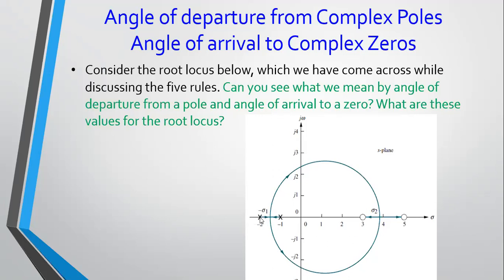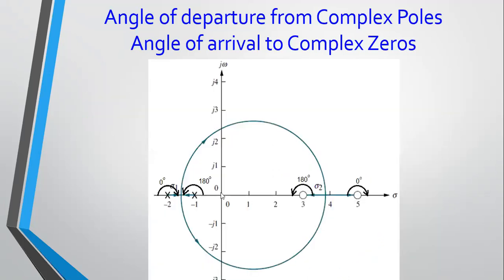For example, if you take this pole here, you can see the root locus is moving in this direction, so this angle of departure is simply 0. And for this pole here, the root locus is moving to the left, so the angle of departure is 90 degrees. It's very well shown on this diagram. So the angle of departure from this pole is 0 degrees, and for this one it is 90 degrees. Now the angle of arrival to zeros, because the root locus departs from poles and arrives at zeros.